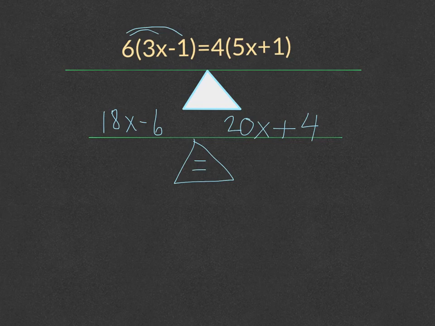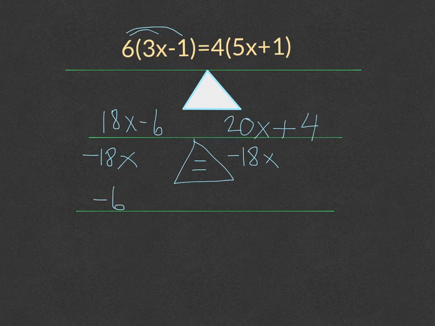Alright, now what we have here is a variable on both sides of the equation, but the idea still works the same. So if I want to get rid of this 18x, then I would have to get rid of it over on this side, and it rebalances out my equation. So what we end up with on this side is negative 6x, and what we have on this side is 2x plus 4.